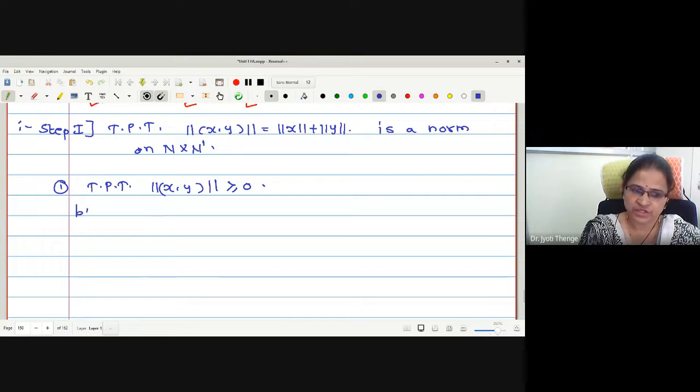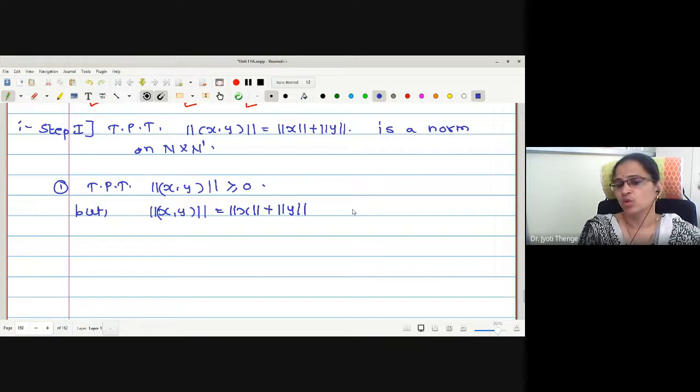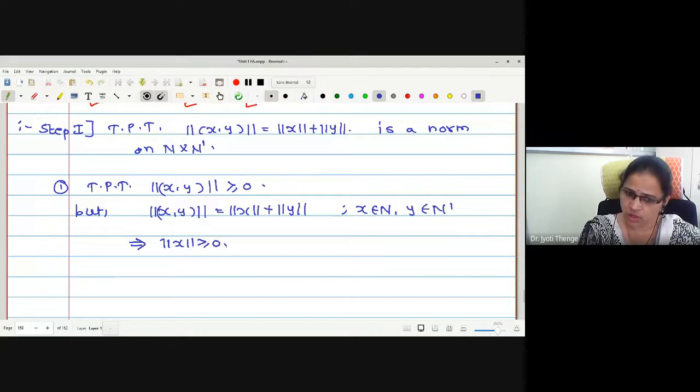But what is the definition saying? The norm of ordered pair xy is norm x plus norm y, where x is in N and y is in N dash, but both the spaces are already normed linear spaces. Therefore, norm x is non-negative and norm y is non-negative.